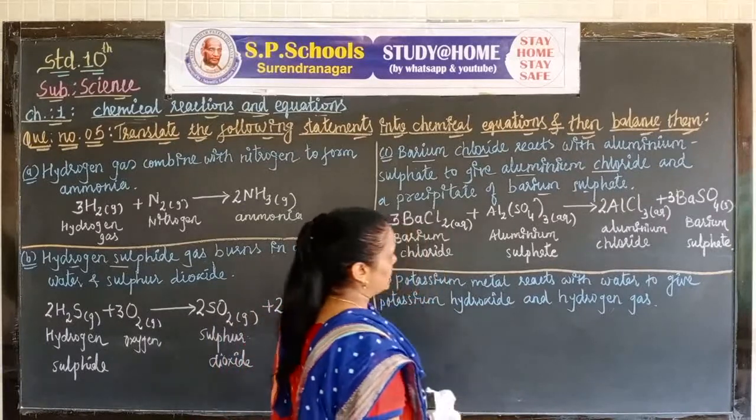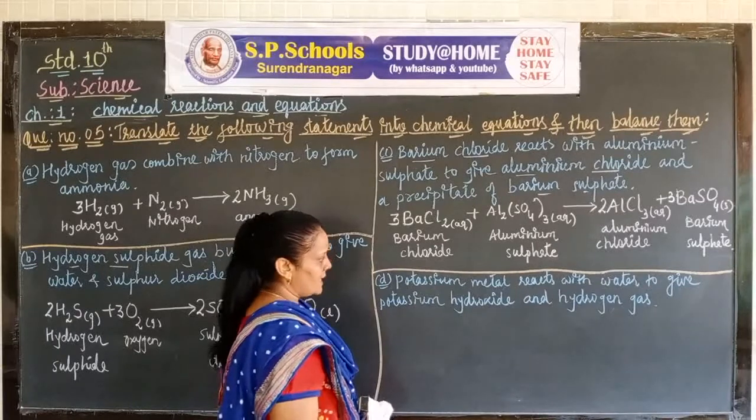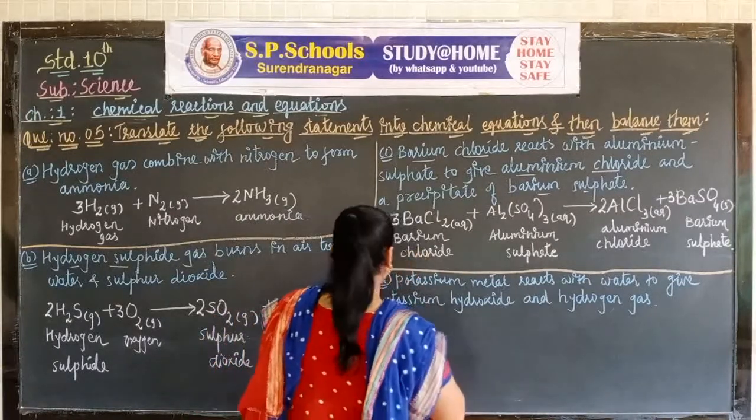Potassium metal reacts with water to give potassium hydroxide and hydrogen gas. Write the answer for this.